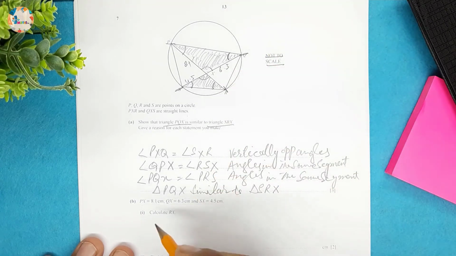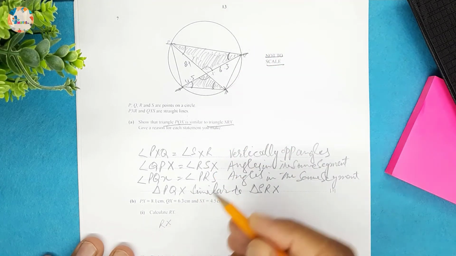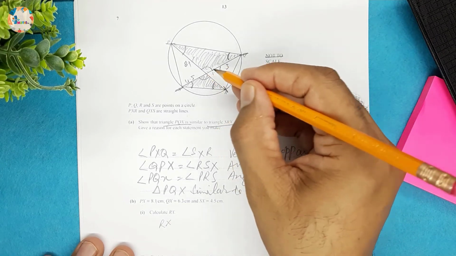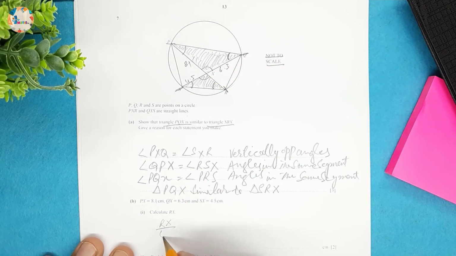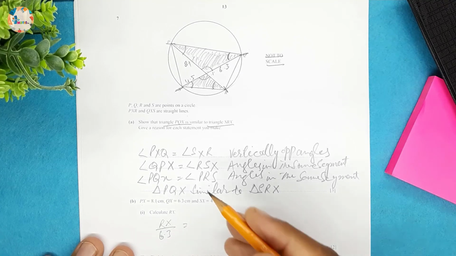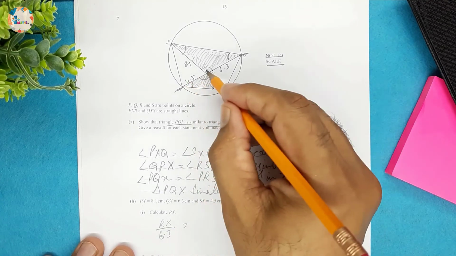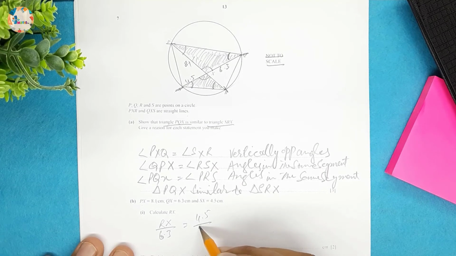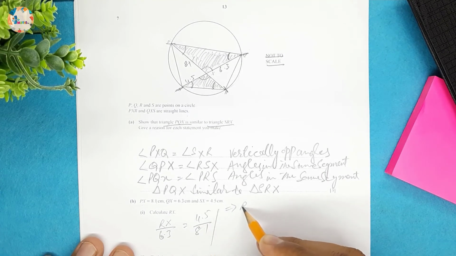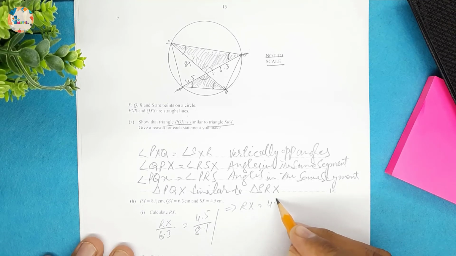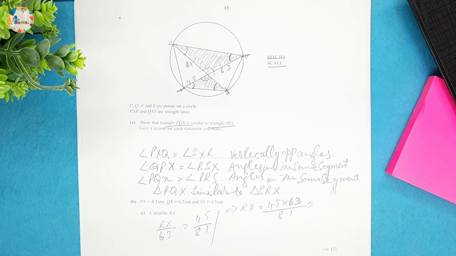So RX divided by 6.3 will be equal to 4.5 over 8.1. So this implies RX will be equal to 4.5 into 6.3 divided by 8.1, and we can calculate this.